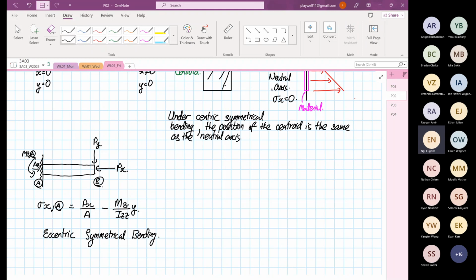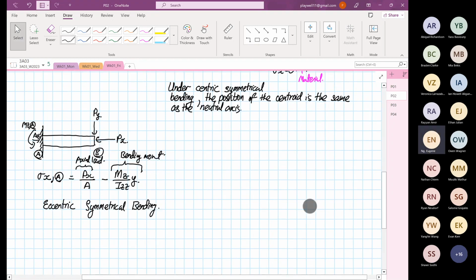Yes or no? You're like, yeah, seen that before. So this first term is due to the what? Axial load. And this term is due to the what? Bending moment. So I'm going to sketch very quickly.